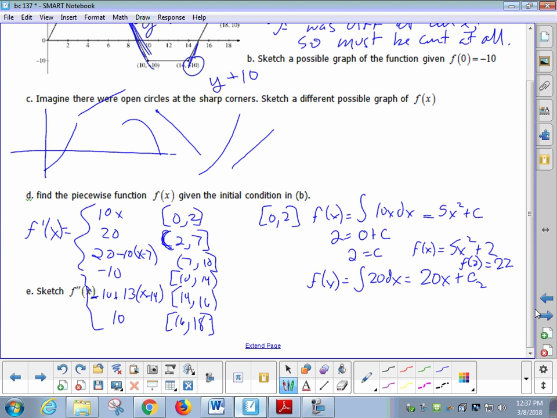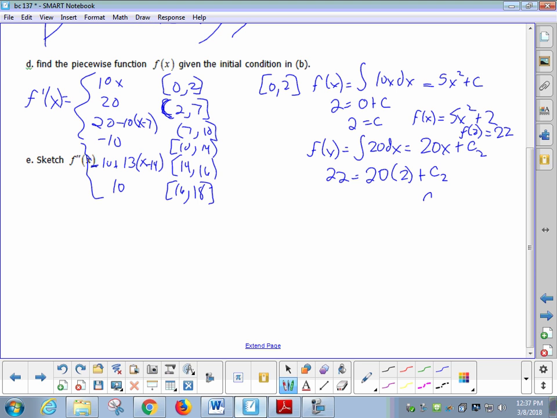All right? So in terms of the initial condition, it's 22 equals 20 times 2 plus C2, or C2 is 22 minus 40? Negative 18, okay? So f of x for the second branch is 20x minus 18.